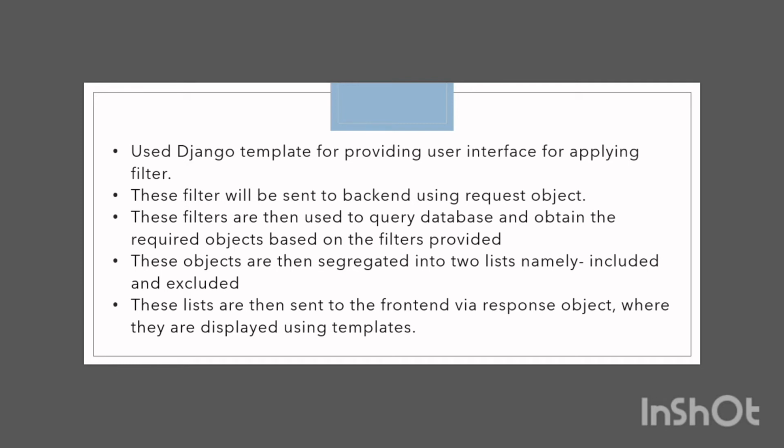At the backend, these filters are then used to query the database and obtain the expected BIP data. Further, these are segregated into included and excluded lists using the predefined criteria. These lists are then sent to the interface via the response object where they are displayed.